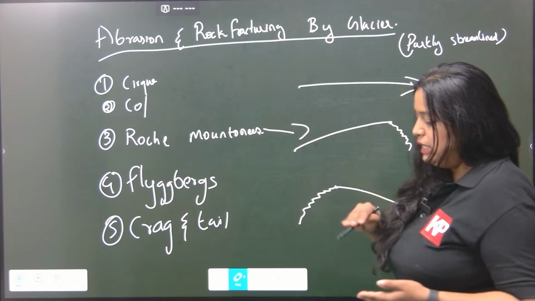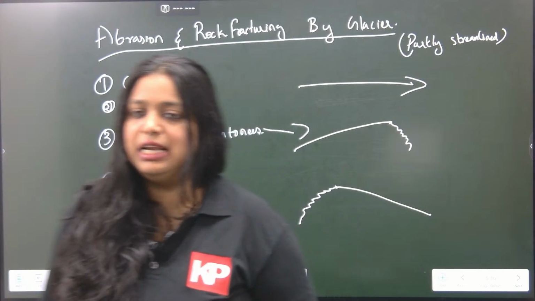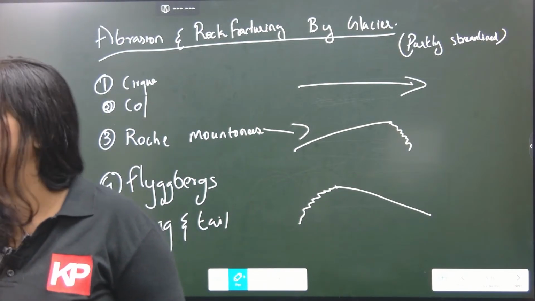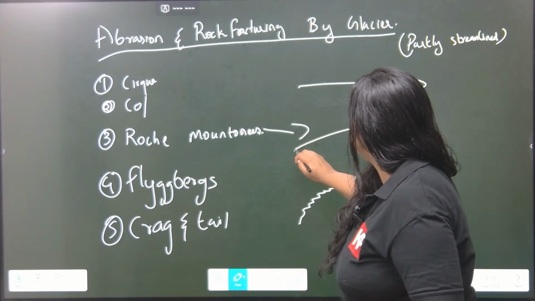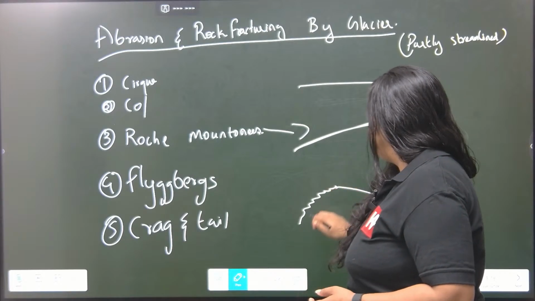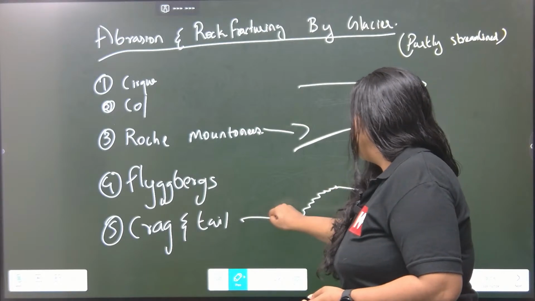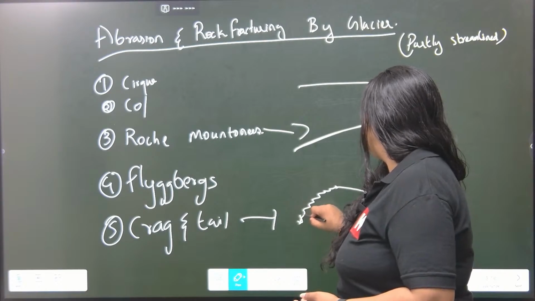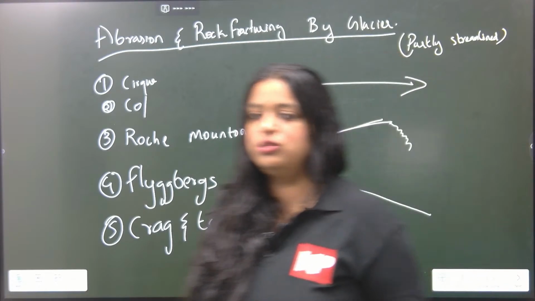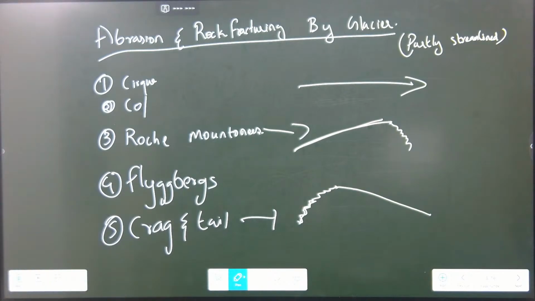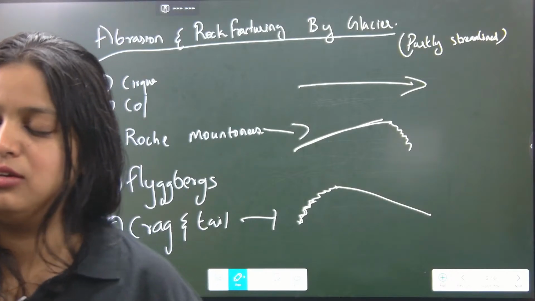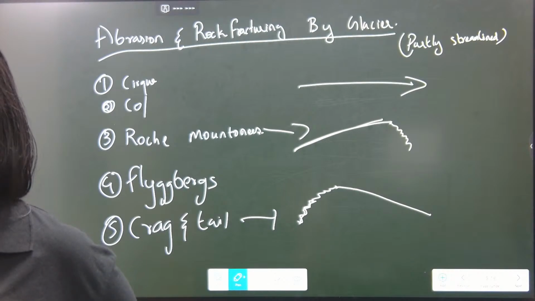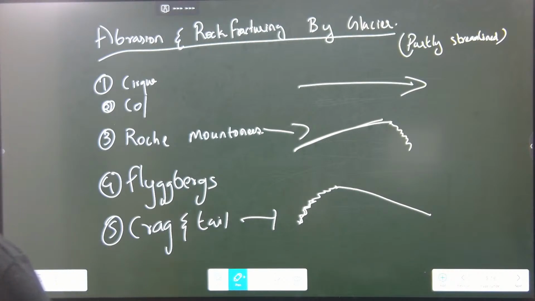So the two have entirely different directions. In a roche moutonnée, the upstream side of the glacier is the smooth stoss part, whereas in crag and tail, the upstream ice movement side is the rugged stoss side. This is very important to identify, whether we are discussing crag and tail or roche moutonnée. Crag and tail will be easily identified by the tail feature.